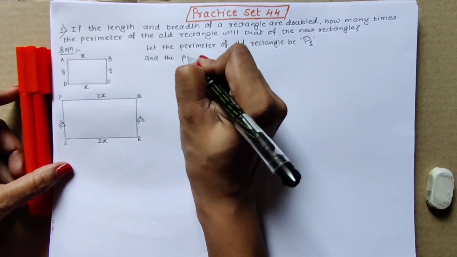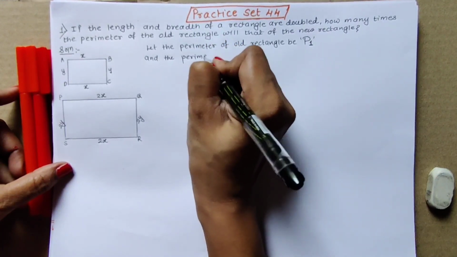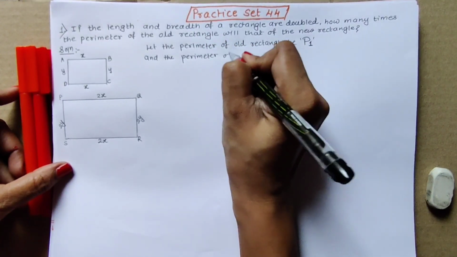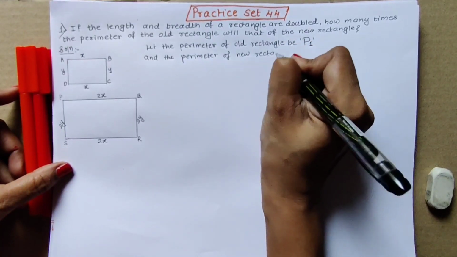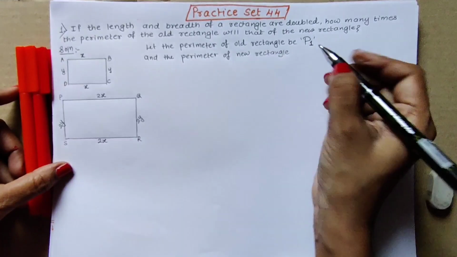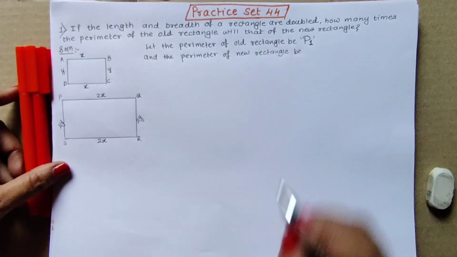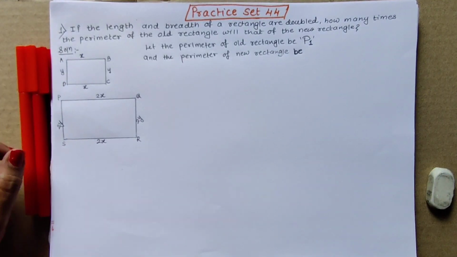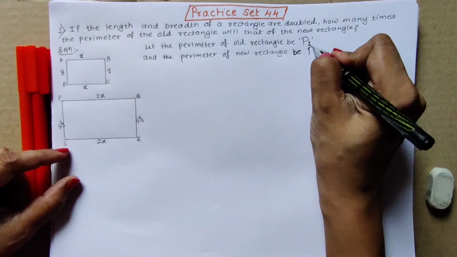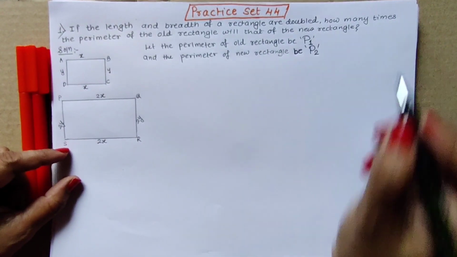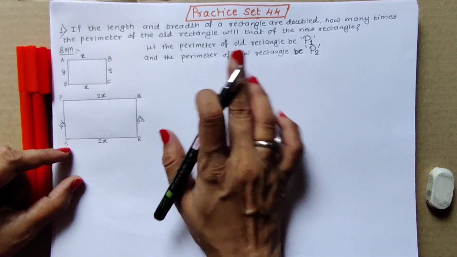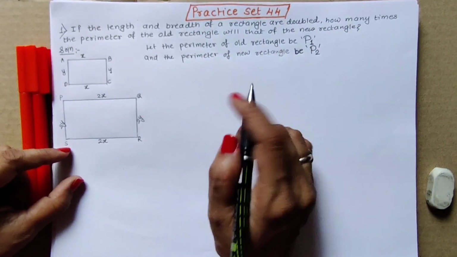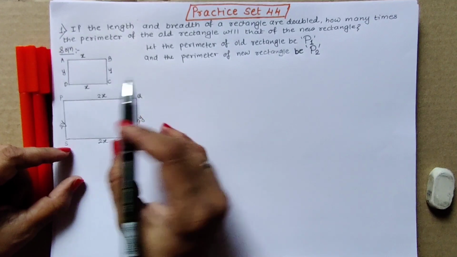Okay, we have to suppose this. The perimeter of new rectangle be P2, capital P2. So in this way we have taken P1 and P2 to denote the perimeter of old rectangle and new rectangle. Now let us write the length and breadth.